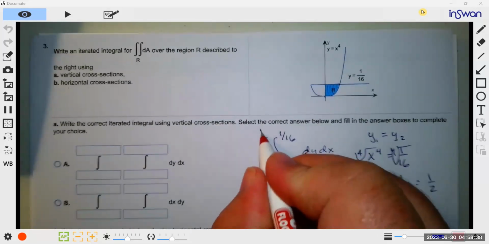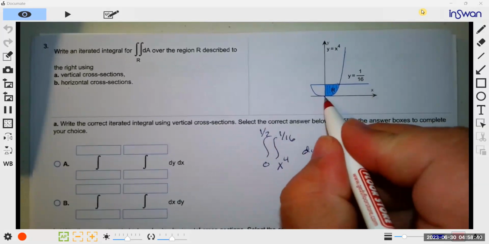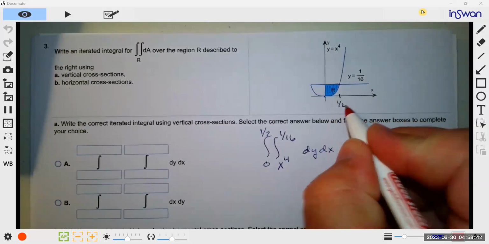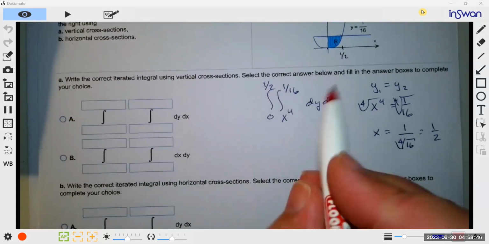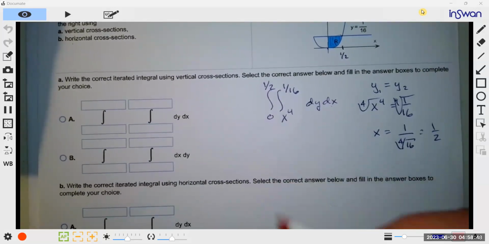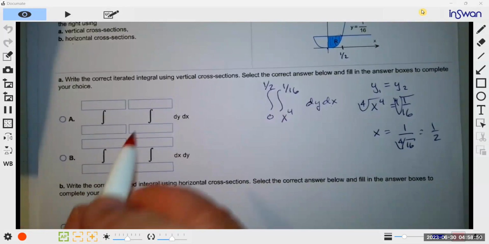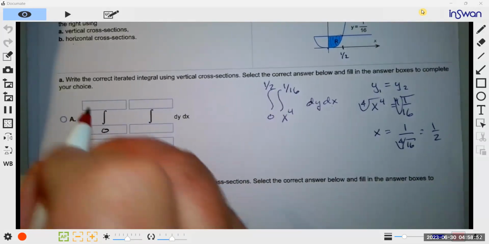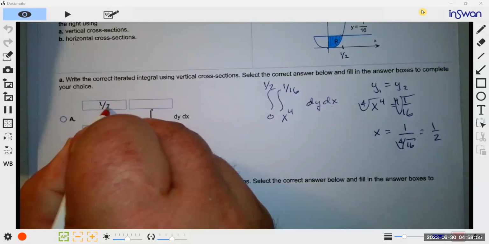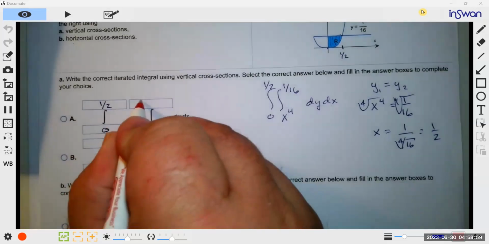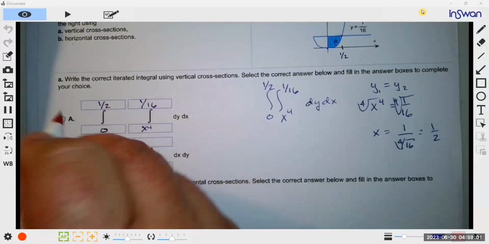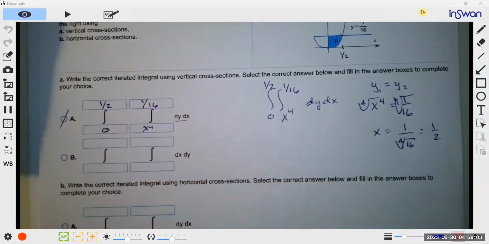So this bound has to go from 0 to 1/2. And we're doing dy dx. So we're going from 0 to 1/2, x to the 4th to 1/16. It's dy dx.